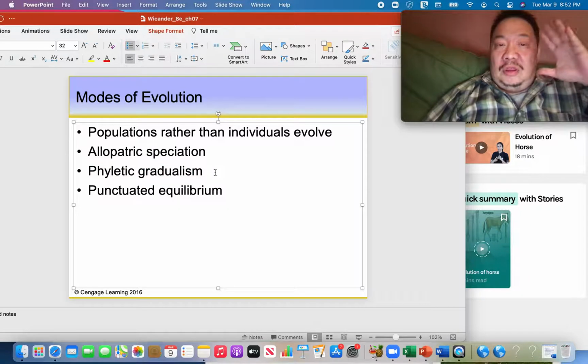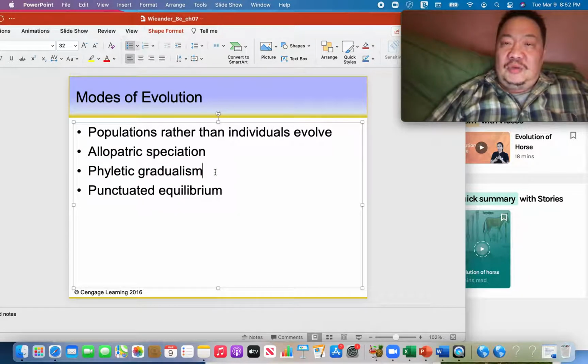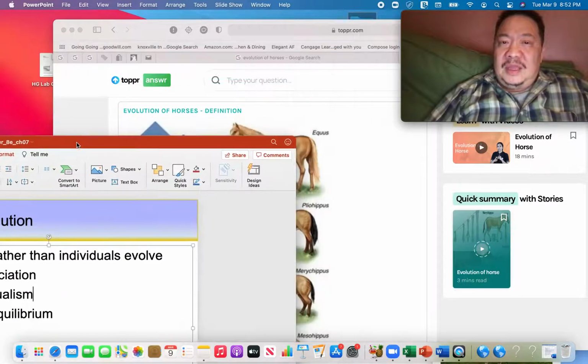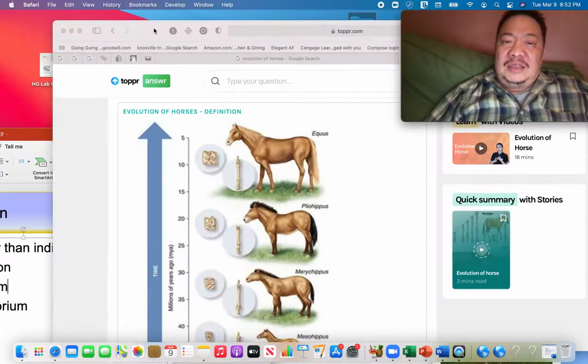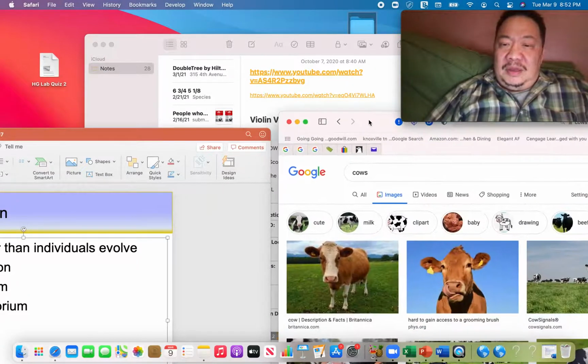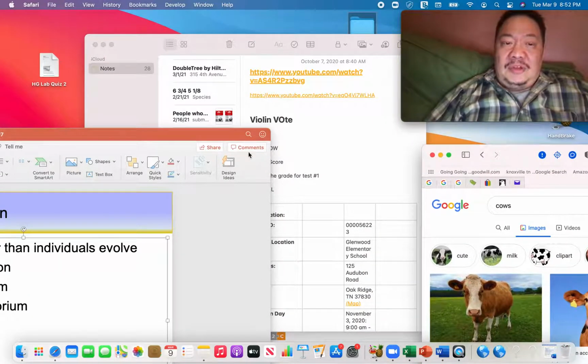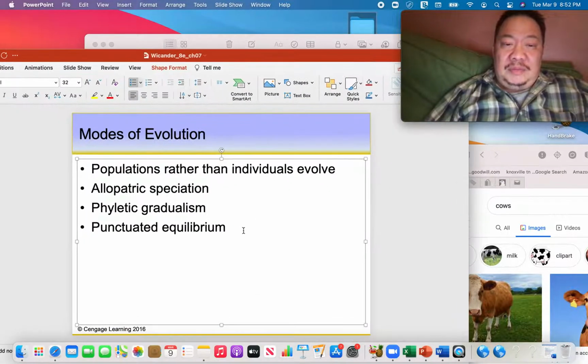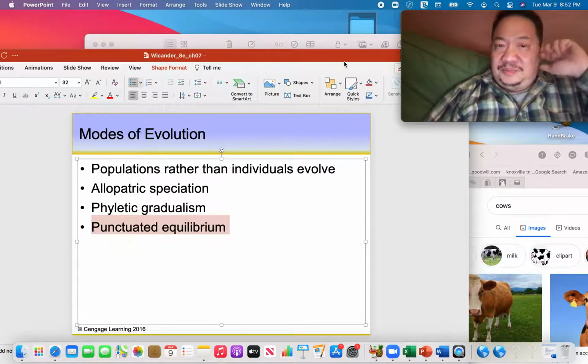Darwin was of the belief that that's how evolution proceeds, slowly over long periods of time, each generation slightly different than the previous. But in the 1970s, a new idea came up, and that was called punctuated equilibrium. So that's what we want to talk about next.